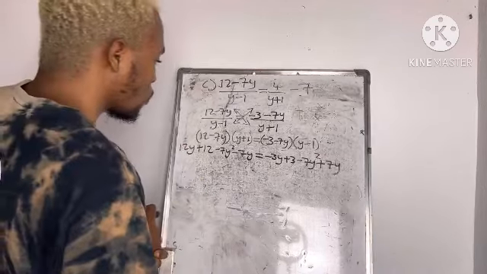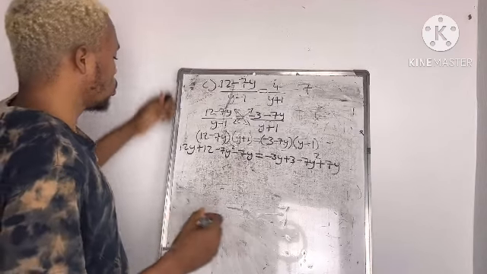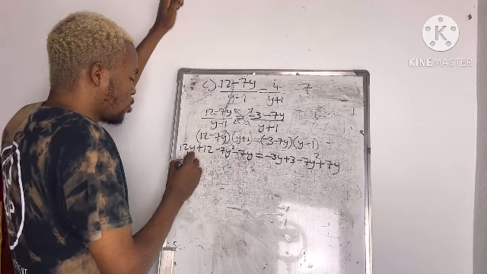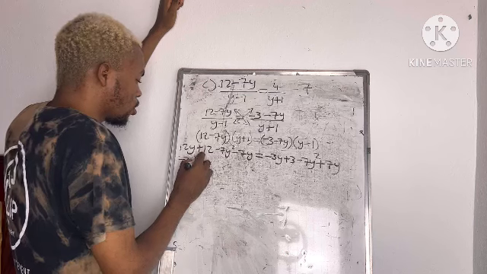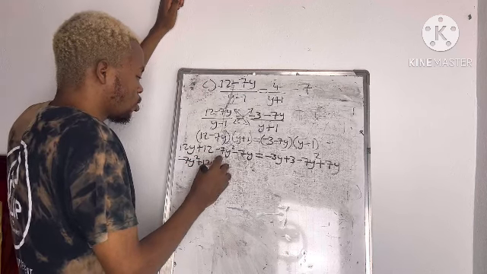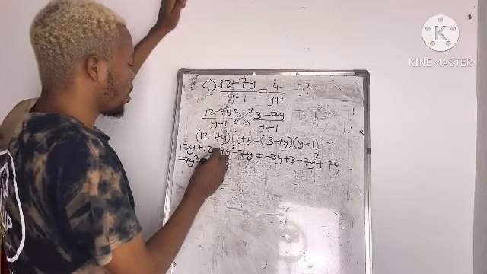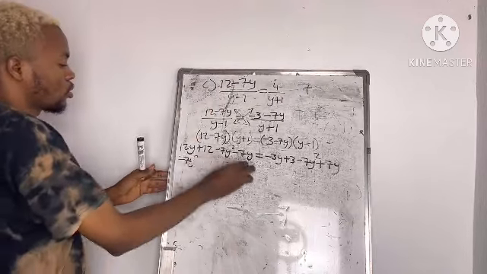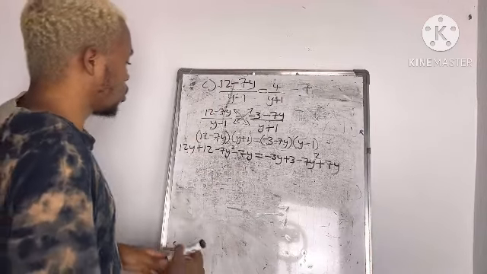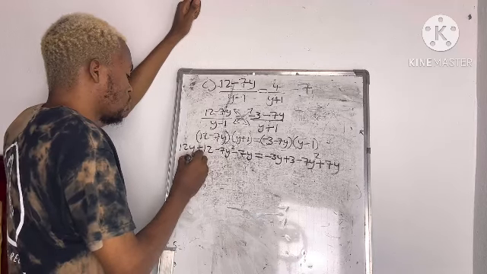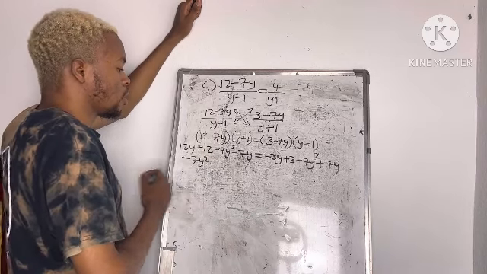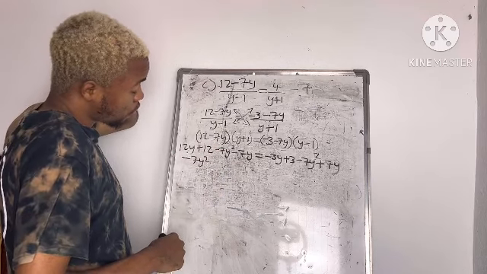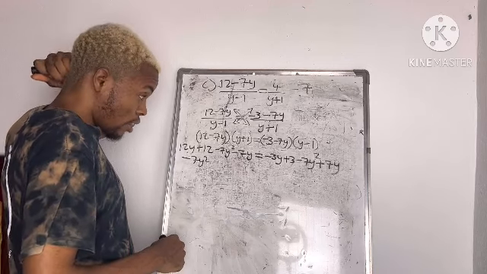Okay, so here you have minus 7y squared plus 12y plus 12. 12y minus 7y will give you 5y, right?